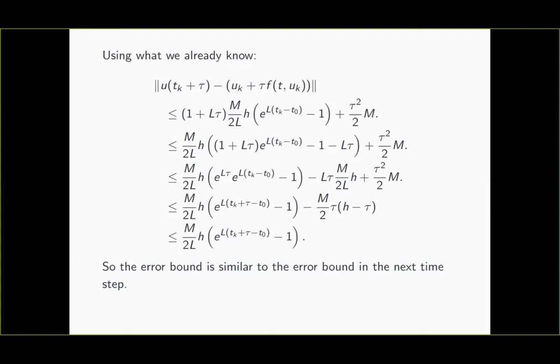So I can bound this entire expression from above by m over 2L times h times (the exponential of L times (t_k plus tau minus t_0) minus 1). And what we now recognize is that this error estimate looks very similar to the error estimate at the discrete time steps. But we've derived it here for the intermediate times, between the time steps. And that's precisely what we wanted to achieve.